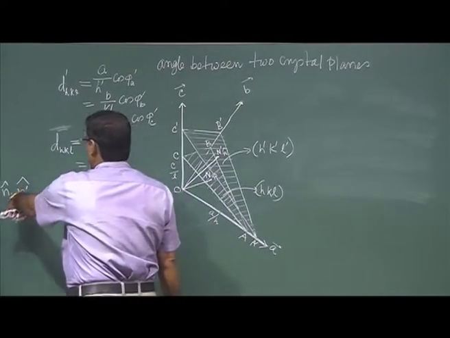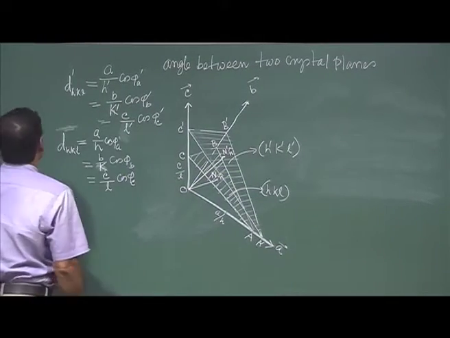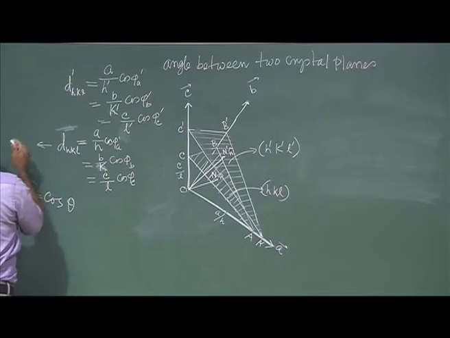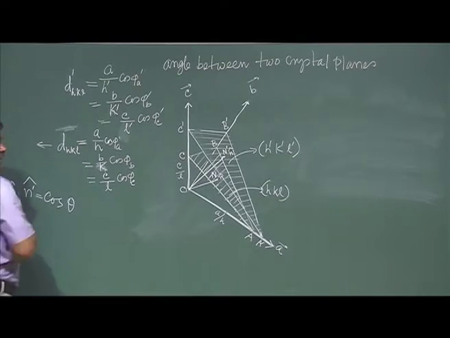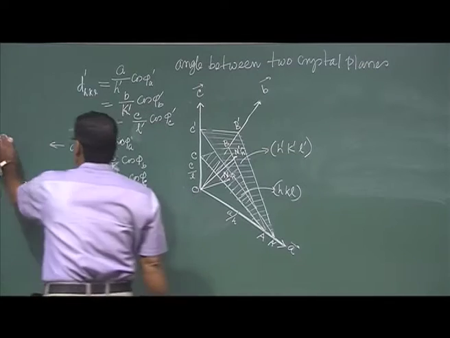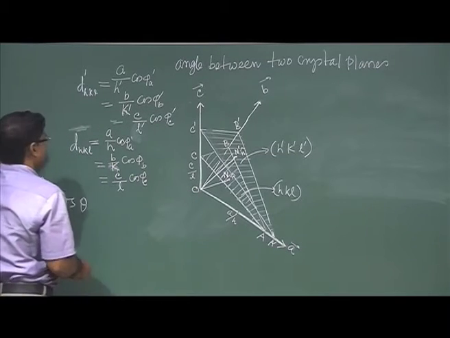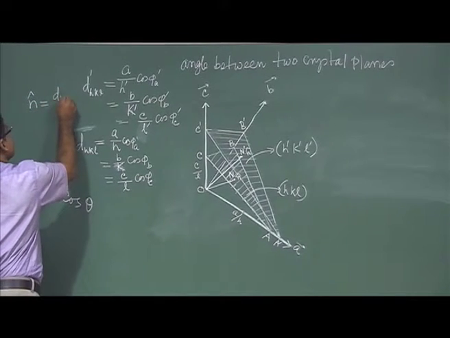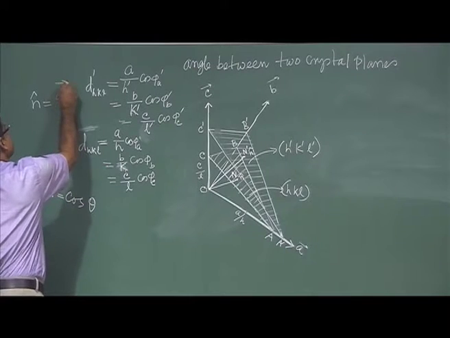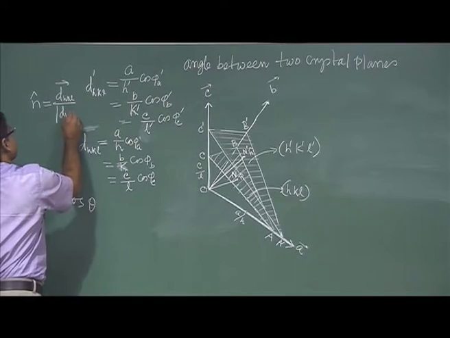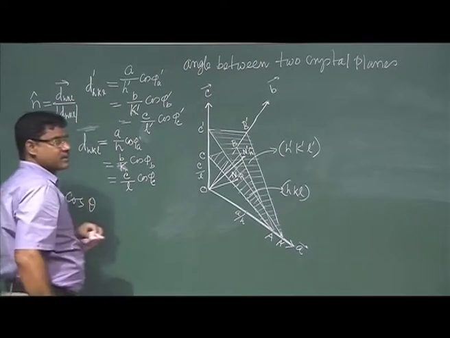So, the unit vector n for this, I can write as the D H K L vector divided by the magnitude of this one, right.